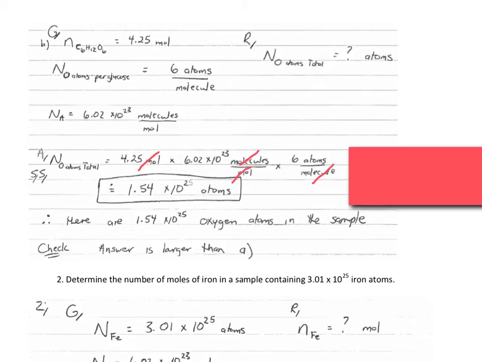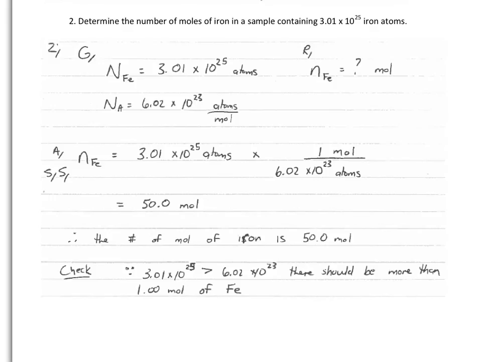And as a quick check to see if my answer makes sense, referring back to part A, I know that my answer should be larger than the answer in part A, since I'm talking about not just molecules, but the number of oxygen atoms in the sample, and since there are 6 oxygen atoms per molecule, there should be more oxygen atoms than molecules.